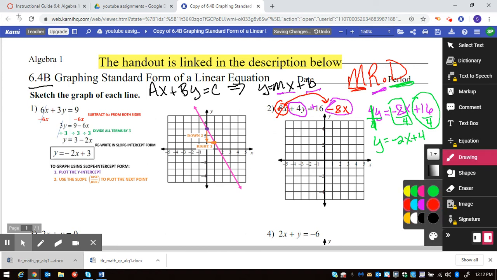So now we can go ahead and graph this. I feel like the B stands for begin on the y-axis. So I'm going to begin on the y-axis at 4. And then I know I can turn any whole number into a fraction by putting a 1 under it.